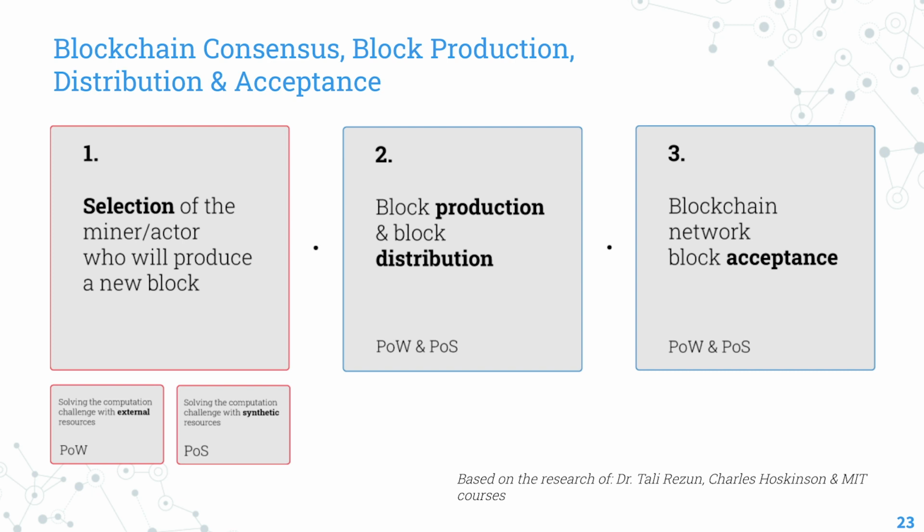Unlike proof of work, where participants, miners, solve complex mathematical puzzles to compete for the right to validate transactions and create new blocks, proof of stake operates on a different principle. In a proof of stake system, validators or stakers are chosen to create new blocks and confirm transactions based on the amount of cryptocurrency that they hold and are willing to stake as collateral.